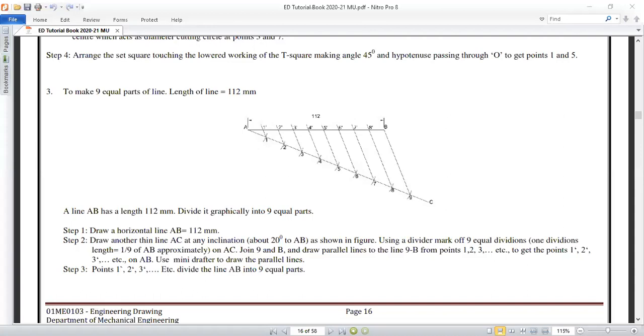Go further. 60. Go further. 70. Go further. 80. And the last is 90. Now you use this scale again. Join the point number 9. I will give you the nomenclature like this.